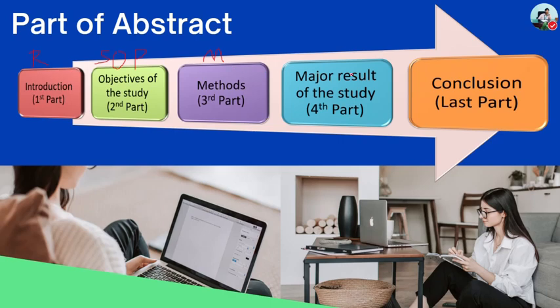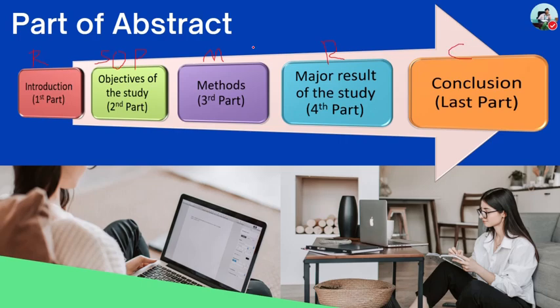The major result of the study can be found in the presentation, analysis, and interpretation of the data, which is in part 2 or chapter 2. Okay, the results. And lastly, the conclusion can be found in the conclusion part of your study.